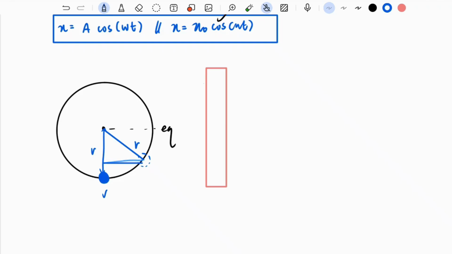Let's draw a right angle triangle. So this is your right angle triangle, and this distance from here to here is x. I'll erase this R in case it confuses you.